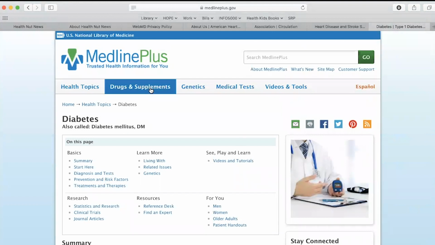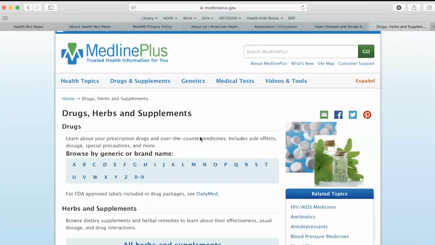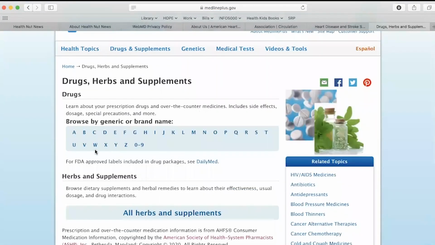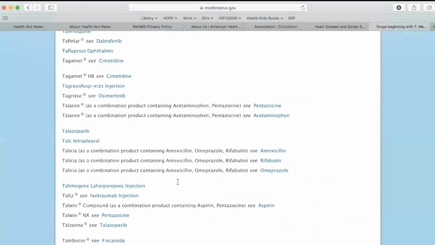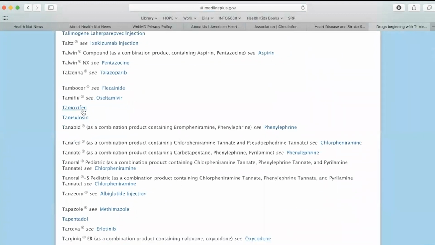So we'll go again to the drugs and supplements area. This is actually my favorite area of Medline Plus because you can search for different information on generic or brand names. So we'll just pick one. We'll say tamoxifen.